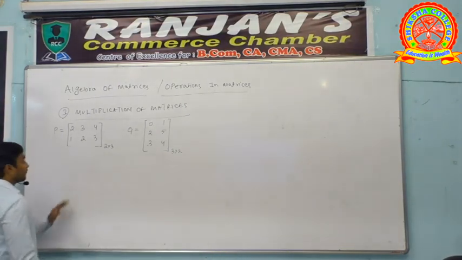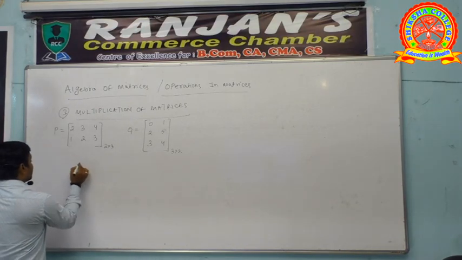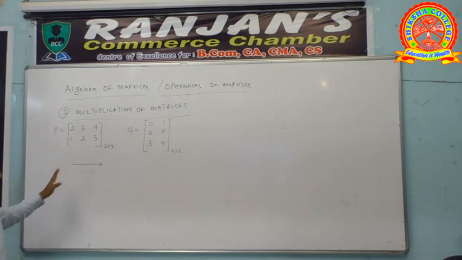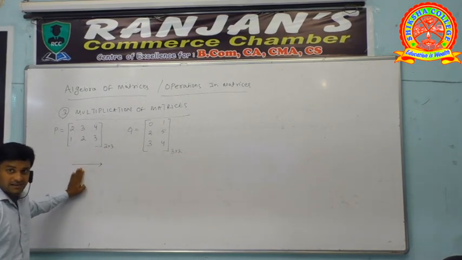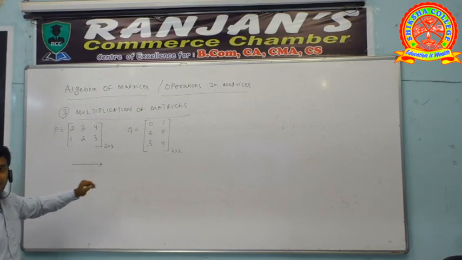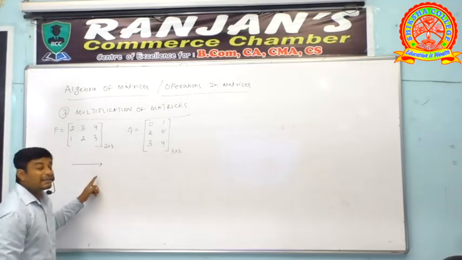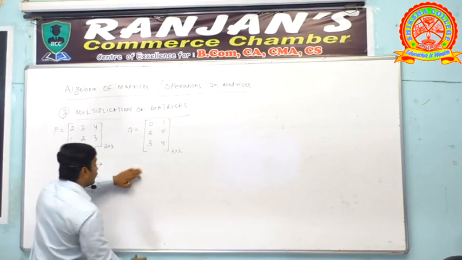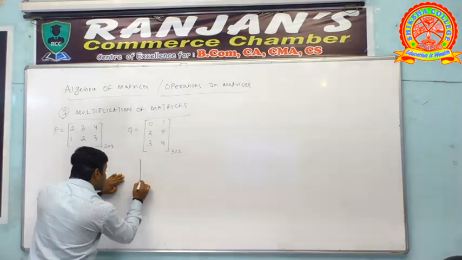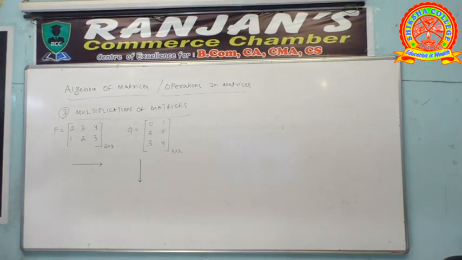The multiplication goes in this trend: the elements of the first matrix move from left to right, and they are multiplied with the second matrix in a vertical movement, horizontal to vertical.